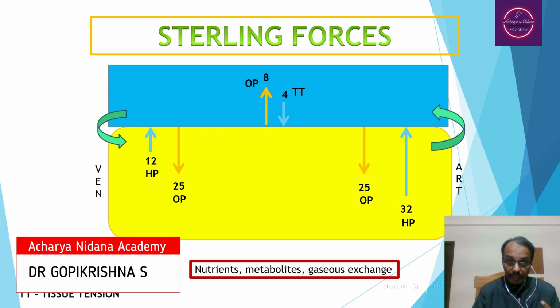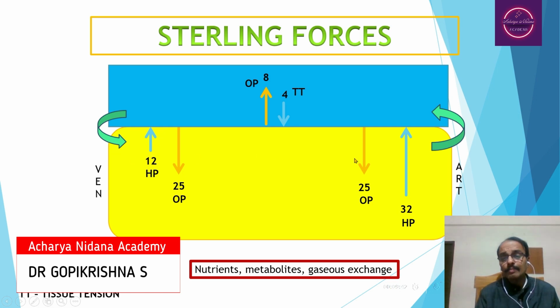In the tissue tension it is the same thing, hydrostatic pressure and oncotic pressure. If you calculate this, more hydrostatic pressure is present at the arterial end, which is responsible for the movement of nutrients and oxygen, etc., from the capillary to the interstitial space, wherein the hydrostatic pressure is much lesser at the venous end.